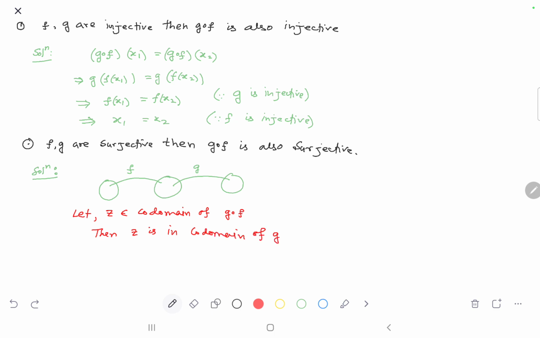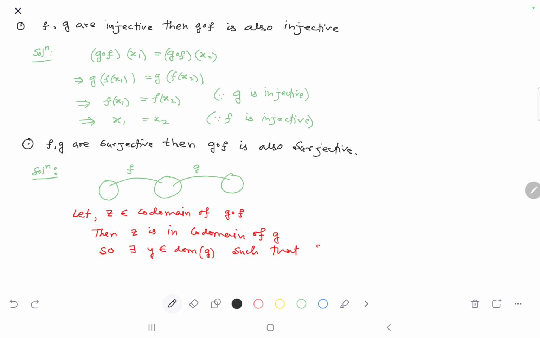Because g is surjective, there exists y belonging to the domain of g such that g of y equals z.